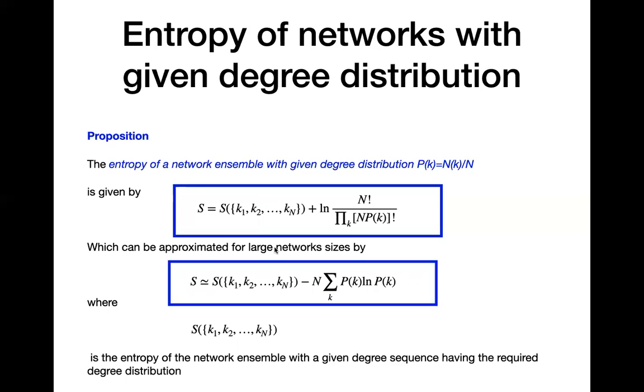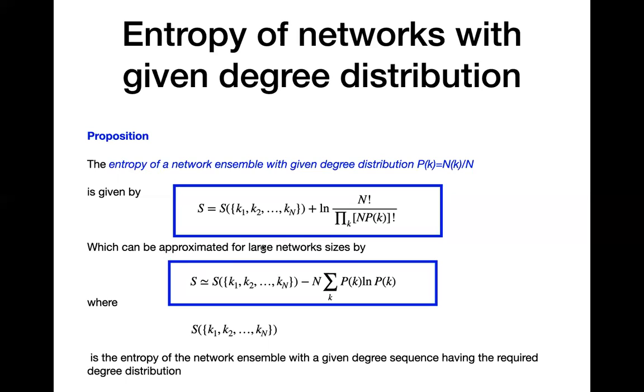I want to show you that the entropy of this ensemble is the entropy of any network with a given degree sequence, any degree sequence corresponding to the degree distribution that we want, plus an extra term that corresponds to the number of ways in which we can realize a given degree sequence given a degree distribution.